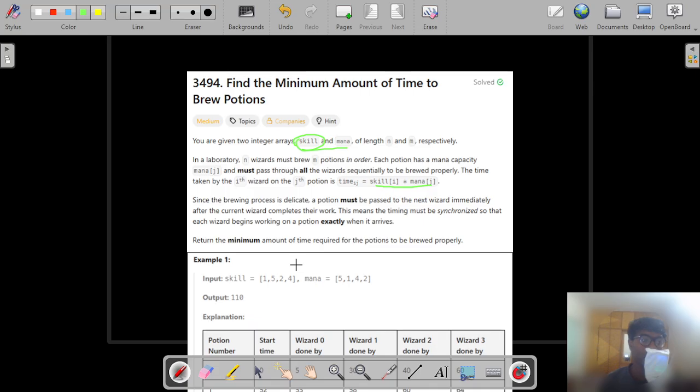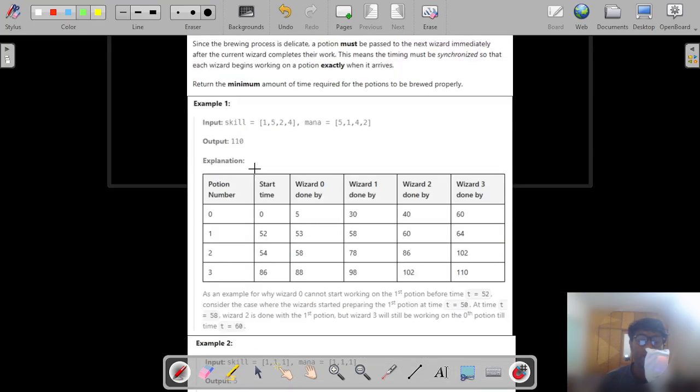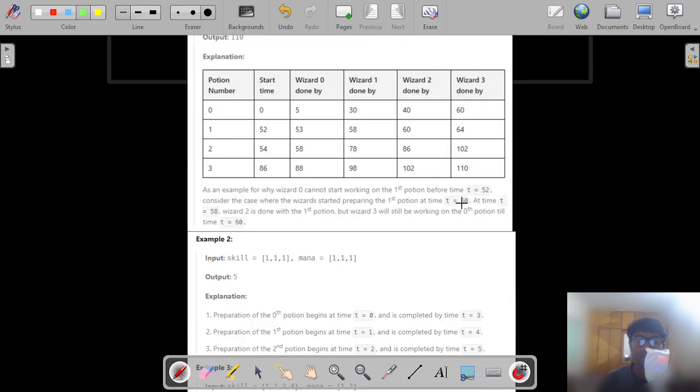Similarly, it all has to be in process. If you leave it for a certain period of time and then seal it, the quality of the product will be different. So the brewing process is delicate. You can imagine it that way, but we will go through this example to understand it better.